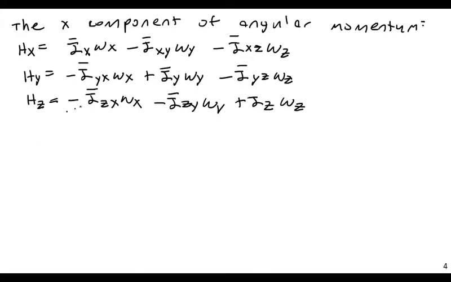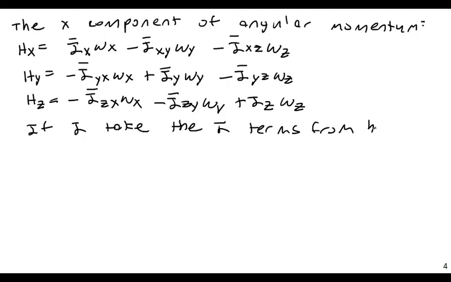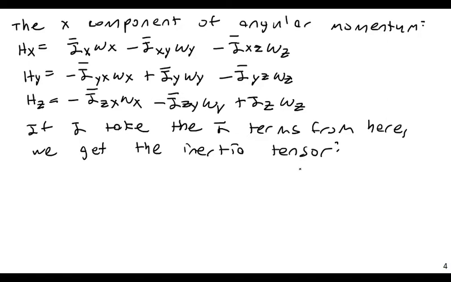All of this together is referred to as an inertia tensor. If I take the I terms out of here, we get a quantity that is called the inertia tensor. This represents, in matrix form, the overall moment of inertia of the body in 3 dimensions.